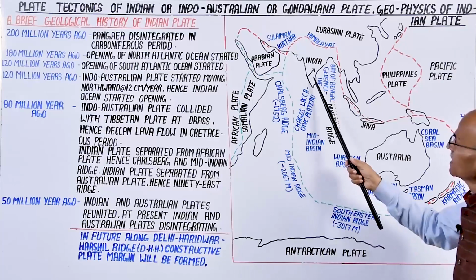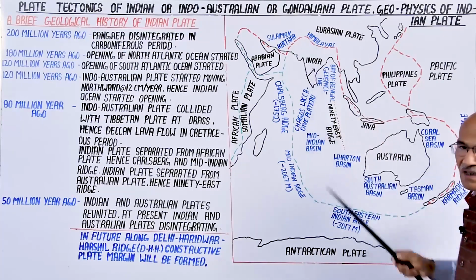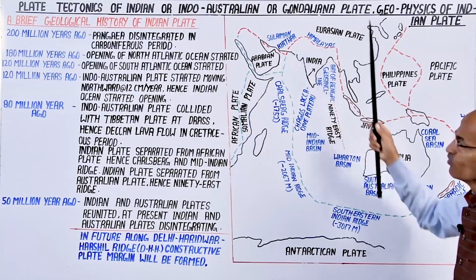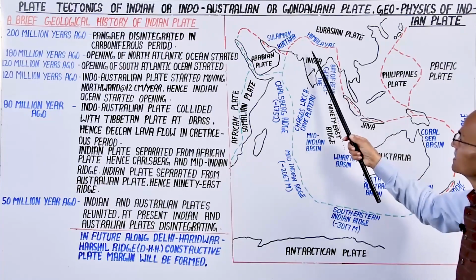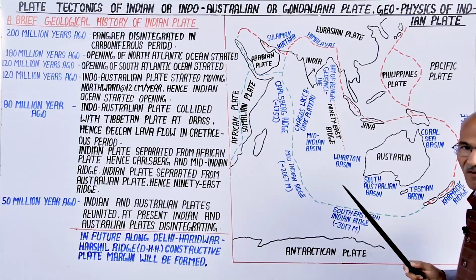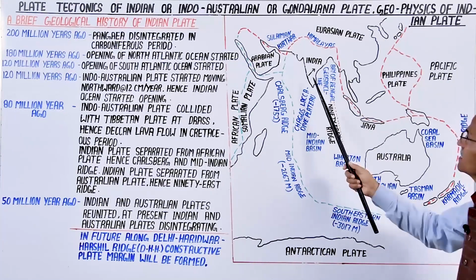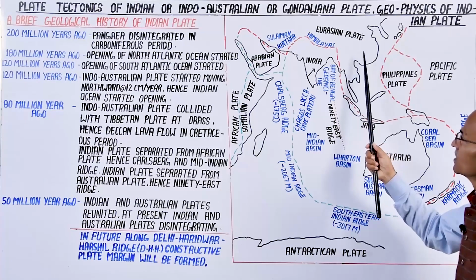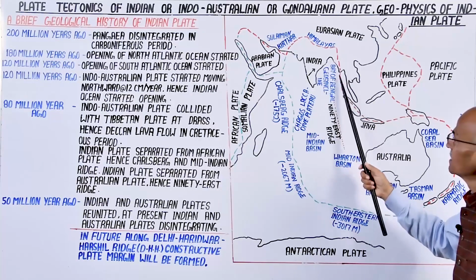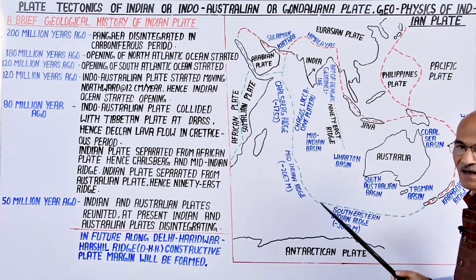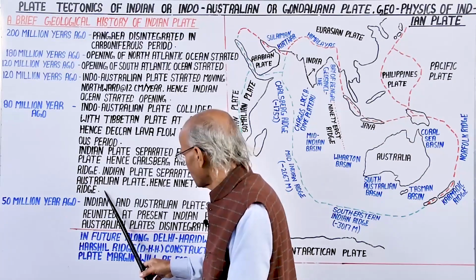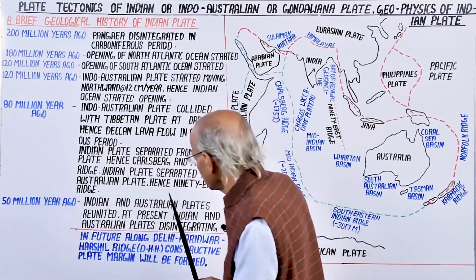But because the Indian plate was moving eastward at a fast rate, when the Himalayas originated its speed was decelerated, its northward motion was diverted, and it started moving northeastward rather than northward. As a result, a fracture developed along the 90 East Ridge. At that time, the Indian plate was separated from the Australian plate, hence the 90 East Ridge.